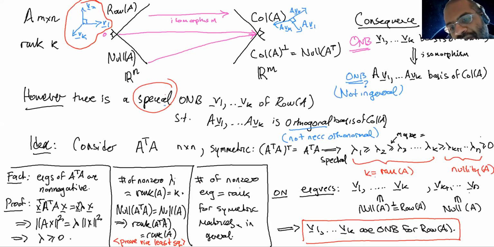You could choose one that's not, but for a symmetric matrix, there is an orthogonal eigenbasis, and there may be many of them. You're wondering what happens if there's multiplicity, right? Maybe there are many choices for these V1 through Vk. Is that what you're asking? Yeah, kind of. Yeah, any choice will be fine.